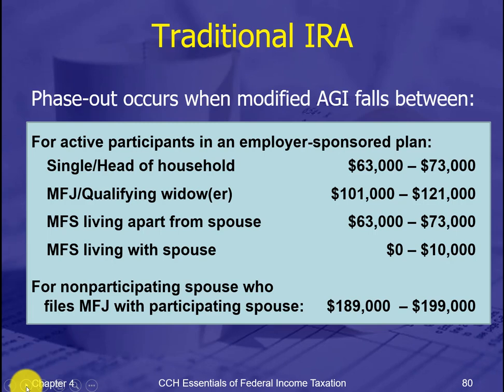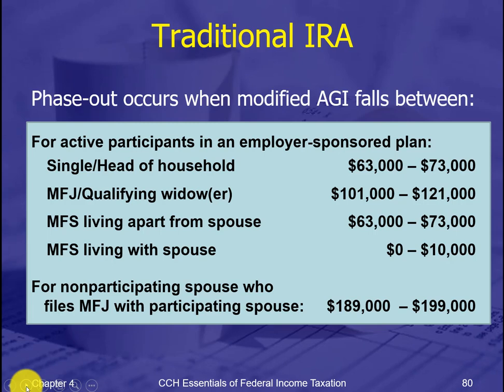So you participate, if you're single, you're phased out of how much you can deduct. If you're over $73,000 and you participate at work, you cannot make a deductible contribution to your IRA. All right? If you're married filing jointly and your joint income is $121,000 or more, and you participate at work, you cannot make an IRA contribution that is deductible.